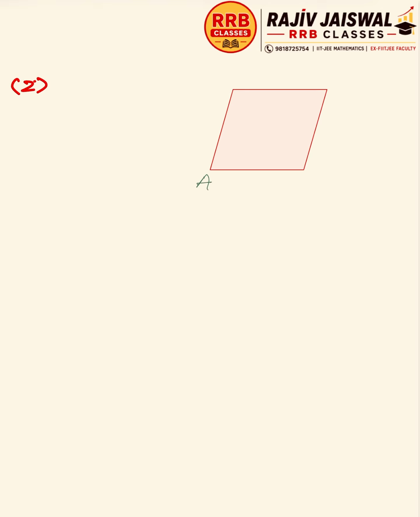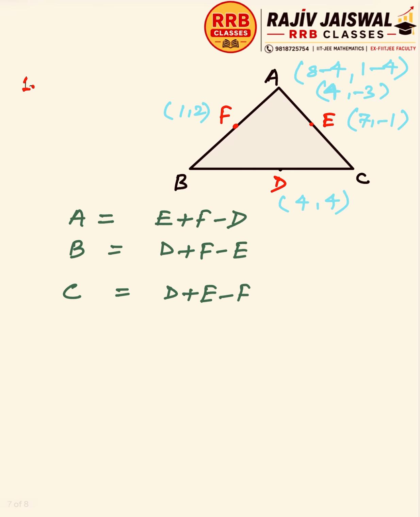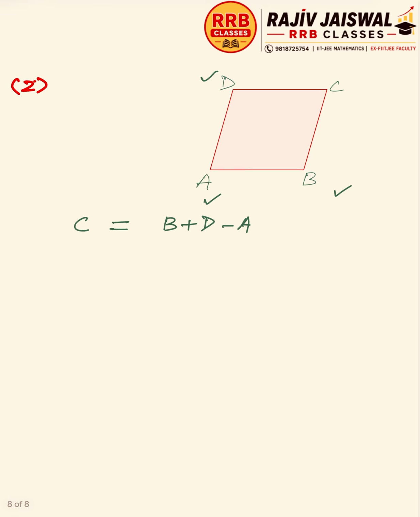Suppose the vertices A, B and D are known and we have to find the vertex C. We can apply the same shortcut, that is C is equal to B plus D minus A. We already discussed how we use this shortcut. So we can use the same shortcut for the parallelogram also. If three vertices are known, we can find the fourth vertex using the same shortcut.